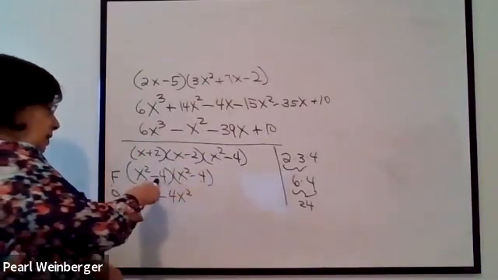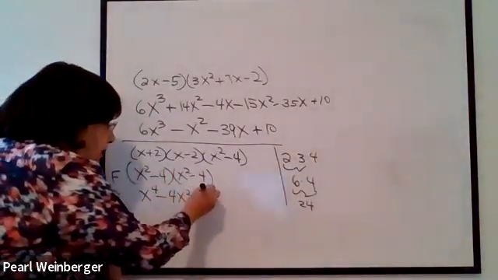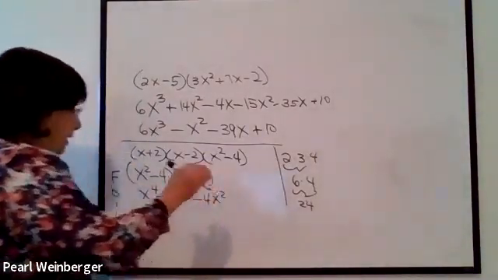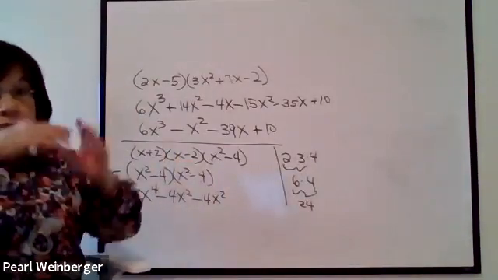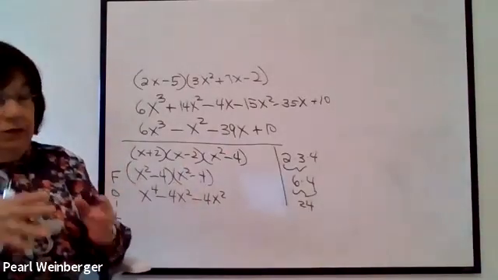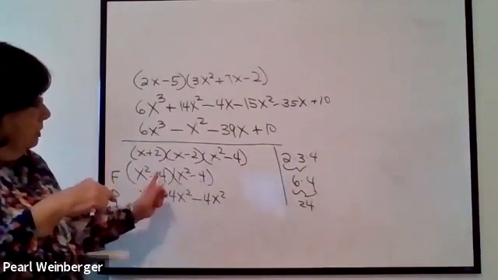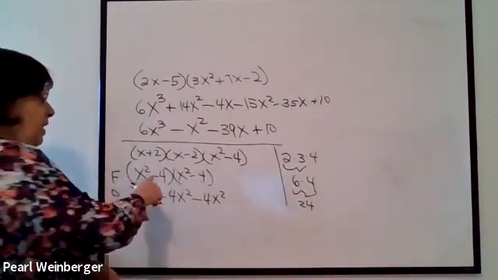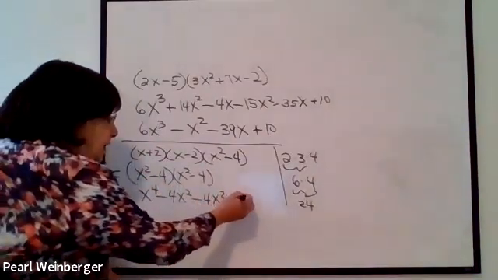Inner is negative 4 times x squared, which is again another negative 4x squared. Because you're multiplying something by itself, it turns out that the outers and the inners are exactly the same. And finally, last, negative 4 times negative 4 is positive 16.